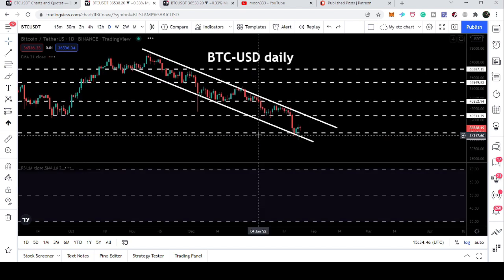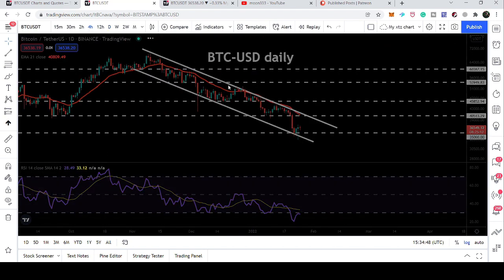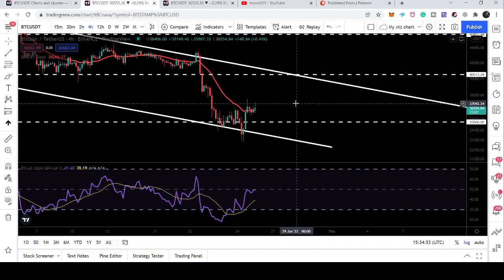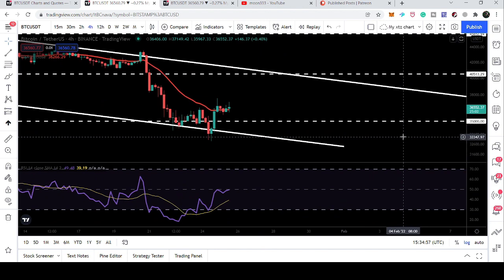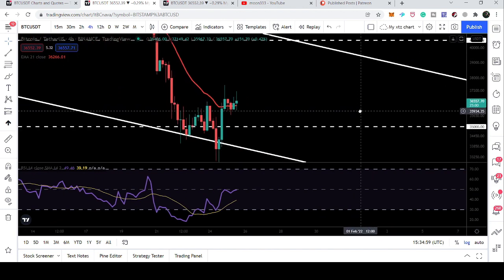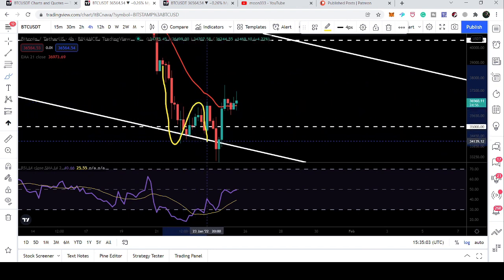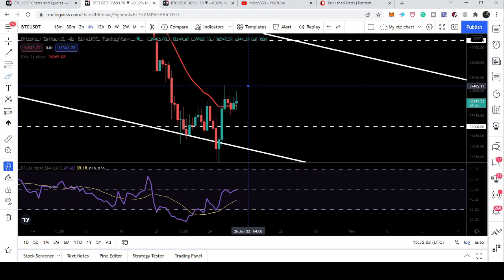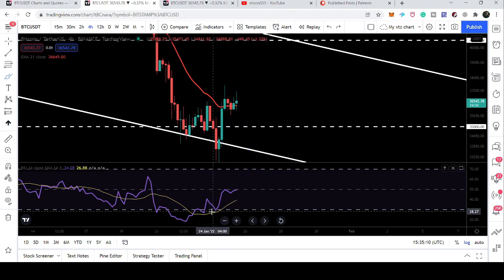Now let me take you to the 4-hourly time frame, and here we have this inverse head and shoulder pattern flashed on this 4-hourly time frame at the support of this down channel while getting bounced by this support. And you can see here we have this left shoulder, and we have this head, and this is the right shoulder. Right now the price line is moving at the neckline of this head and shoulder pattern.